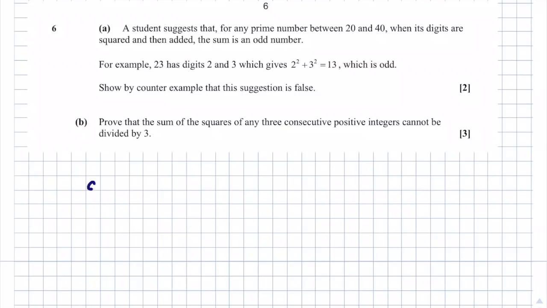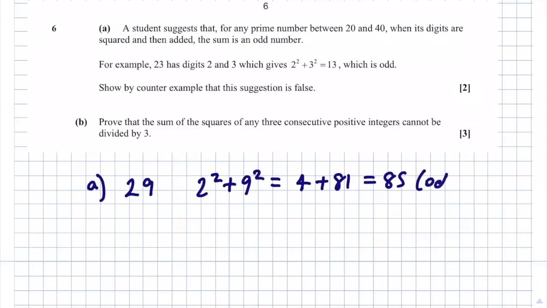So what we need to do is think of the prime numbers after 23. The next prime number after 23 would be 29. That's going to be 2 squared plus 9 squared, which is 4 plus 81, which equals 85. Now that's still odd. So what about the next prime number?